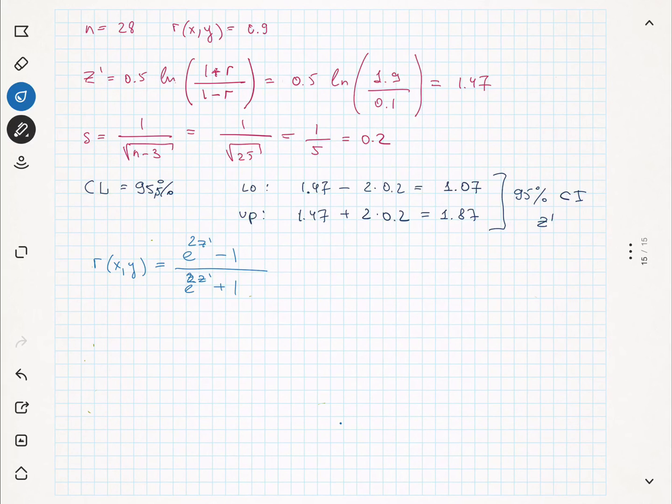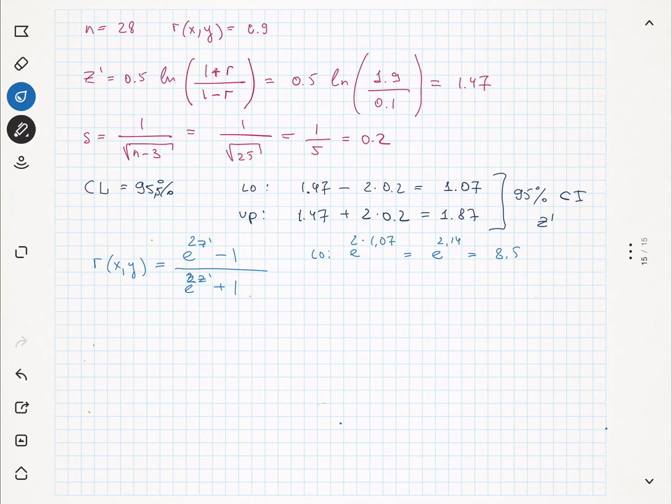So that's what we found out. Then it means that we need to find this e to the 2z prime for each case. For the lowest case, it will be e to the 2 times 1.07, which is e to the 2.14, which is approximately 8.5.